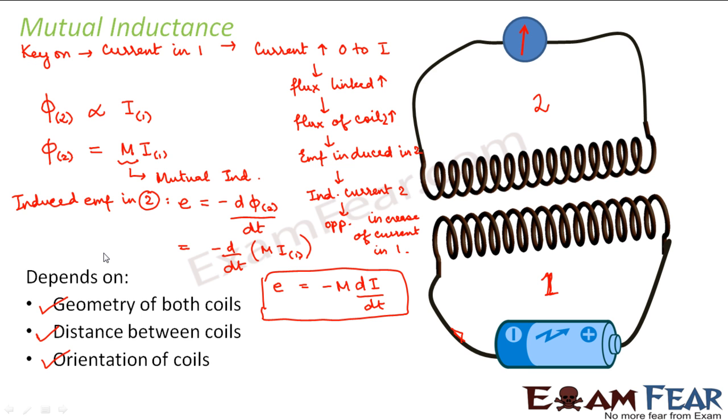It is dependent on the value mu, which depends on the nature of material of the coils, right? Similarly, when you find out the value for mutual inductance, you will see that this also depends upon the geometry of both the coils. It depends upon the distance between the coils, and it also depends upon the orientation of the coils.